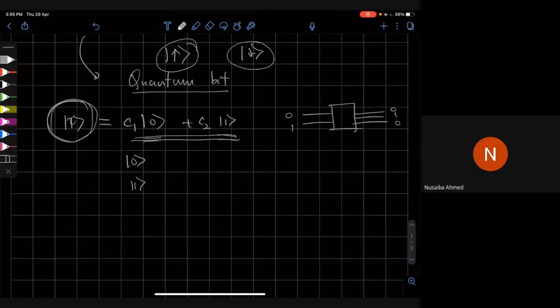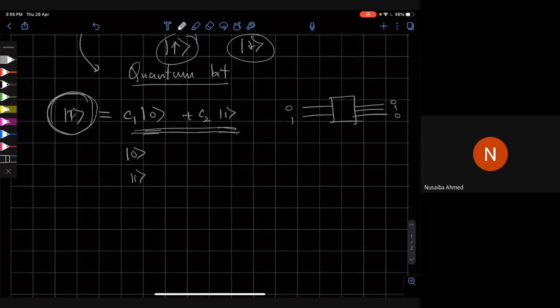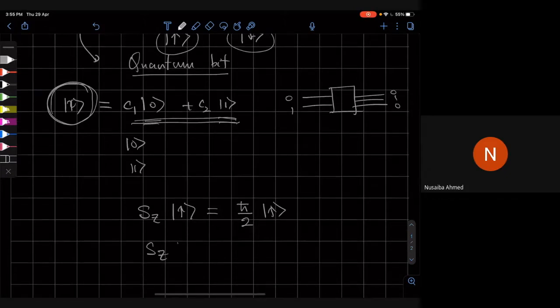So we saw that for Sz, if I apply it to this state, I get an eigenstate with eigenvalue h bar by 2. And if I apply Sz on the down state, then it is minus h bar by 2.